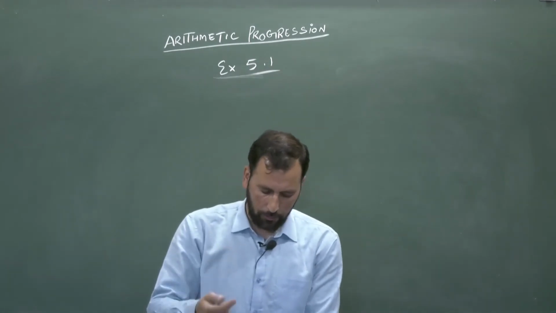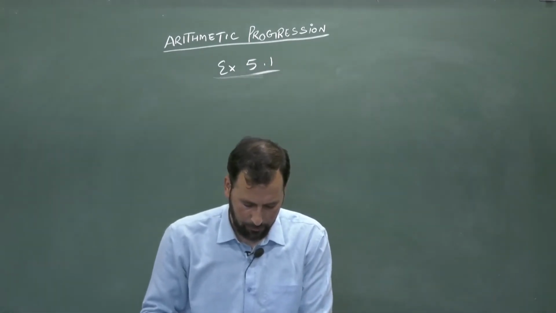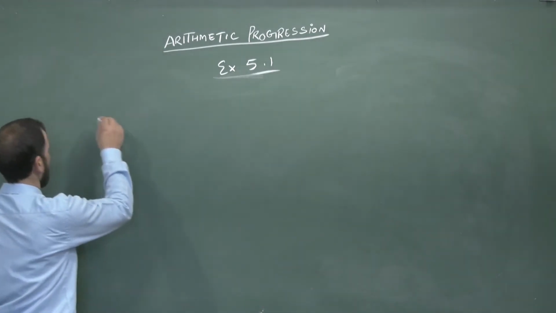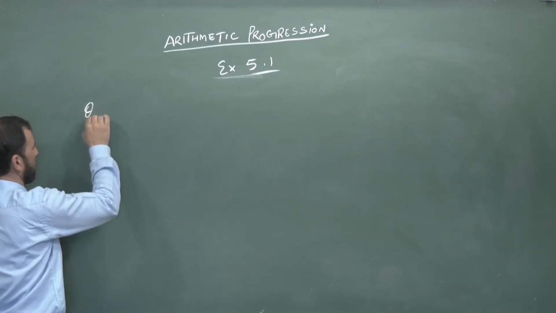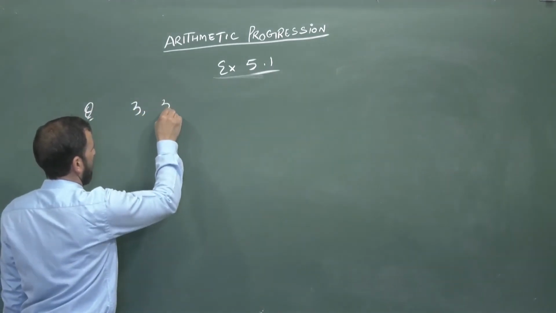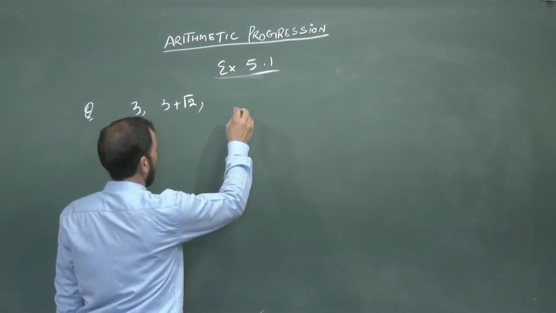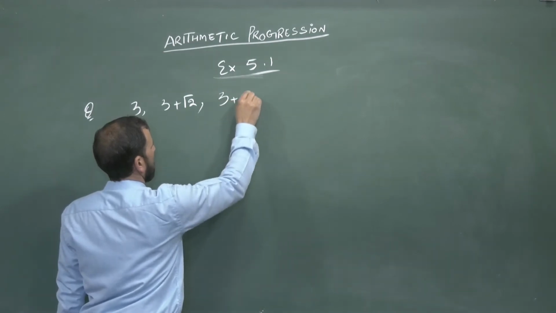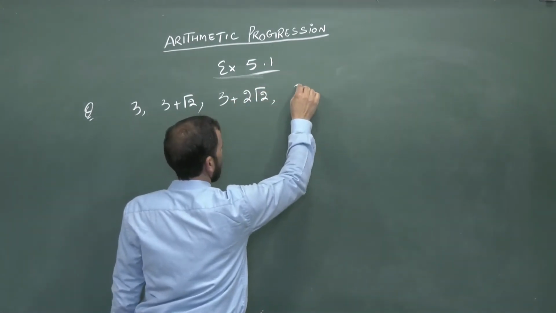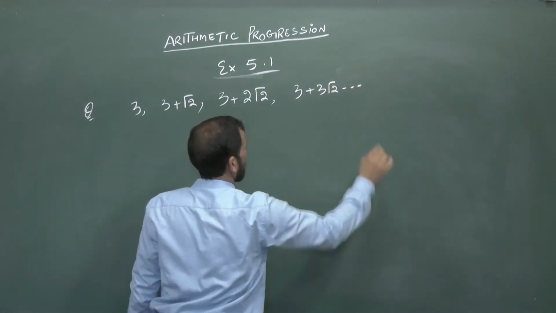Now the next part of the same question is, we have a list of numbers given, that is 3, 3 plus square root of 2, then again 3 plus 2 square root of 2, then 3 plus 3 square root of 2, and so on.